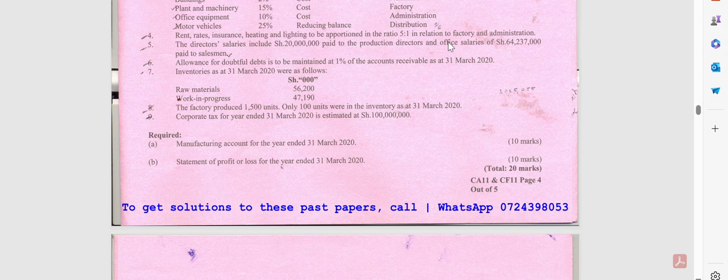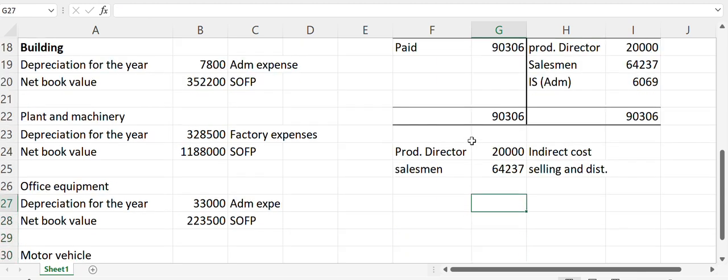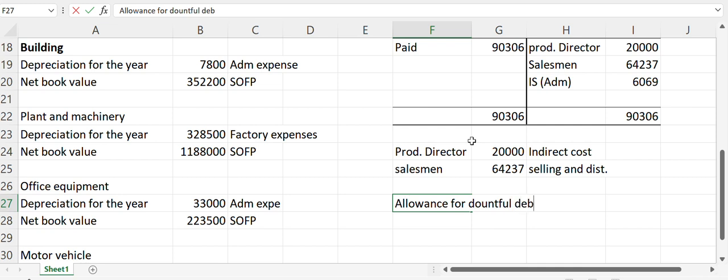Are you together? So we open an account called allowance for doubtful debts.